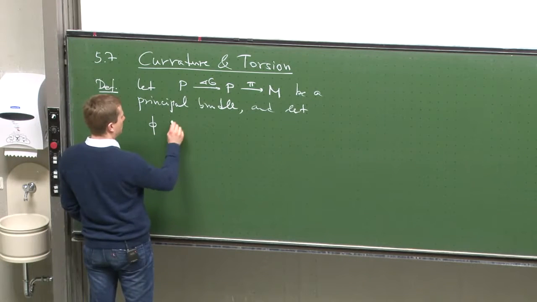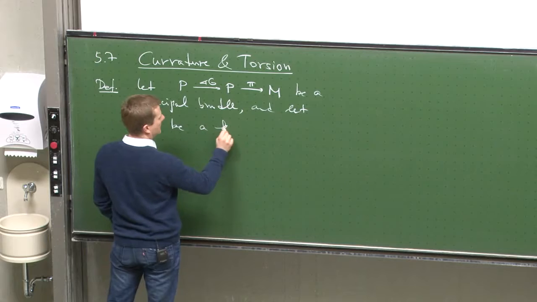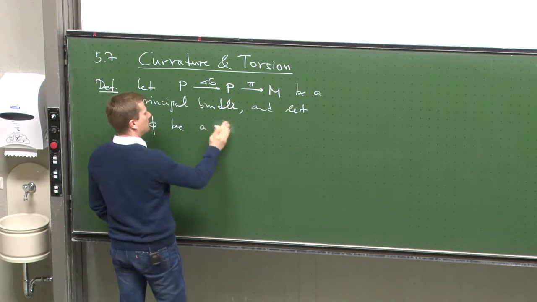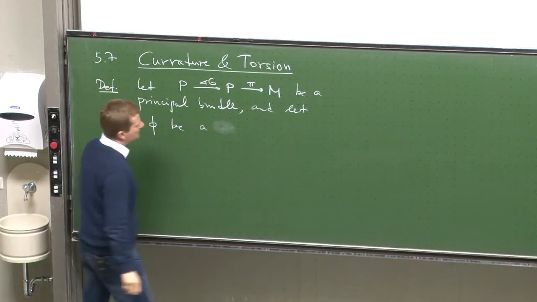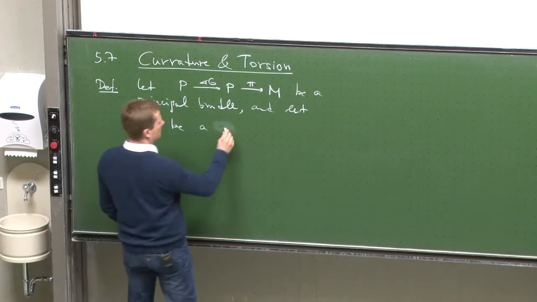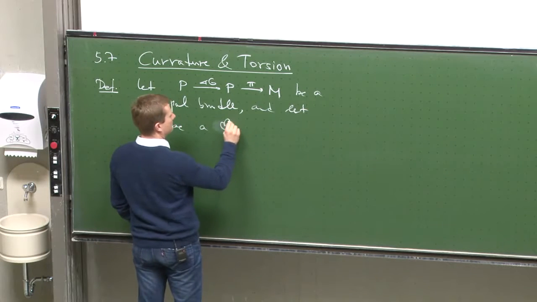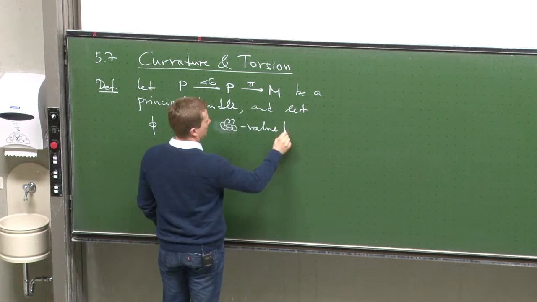Let phi be a K-form, well, an arbitrarily valued, so a flower-valued K-form.